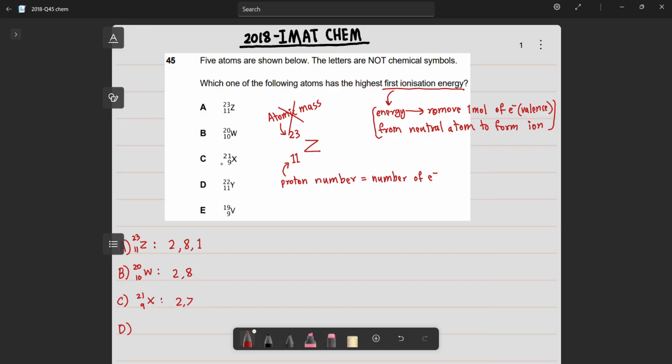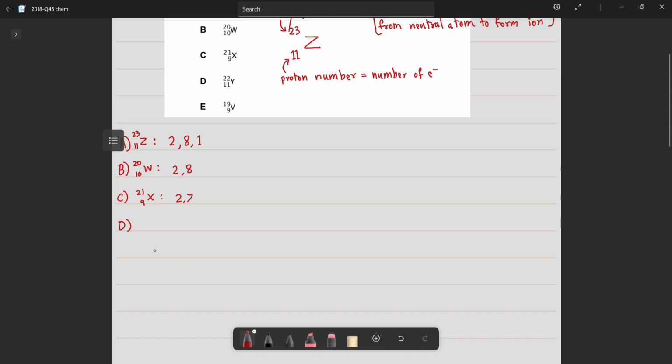Option D, which is Y 22 and 11, has an electronic configuration exactly the same as option A. Option E, which is V 19, 9, has an electronic configuration similar to option C.